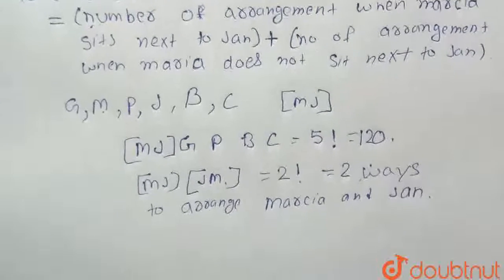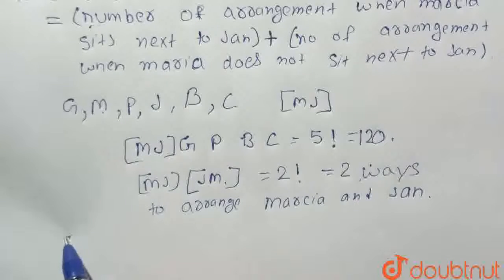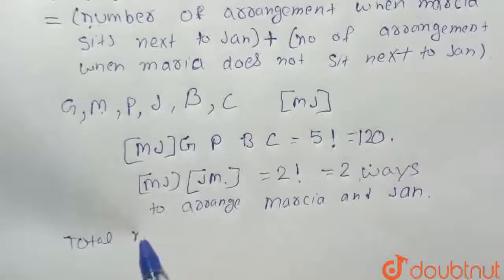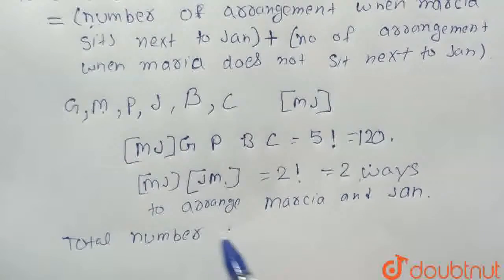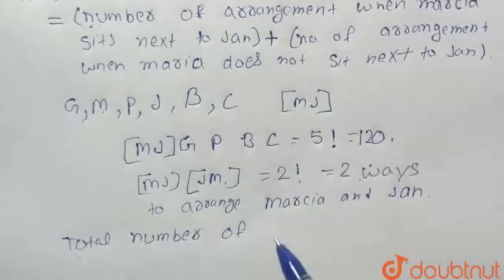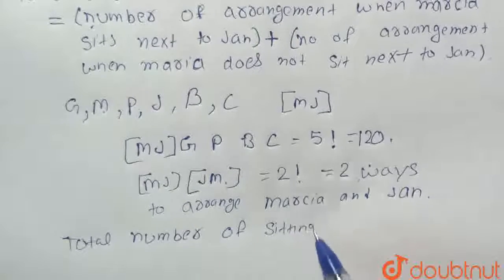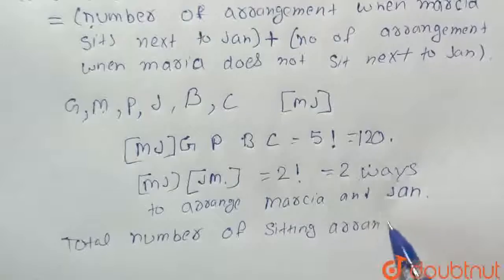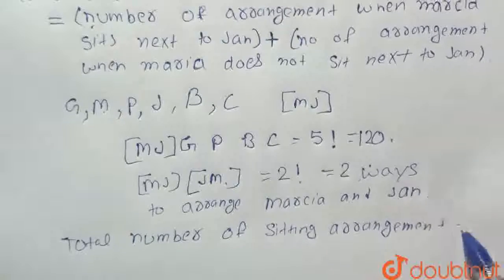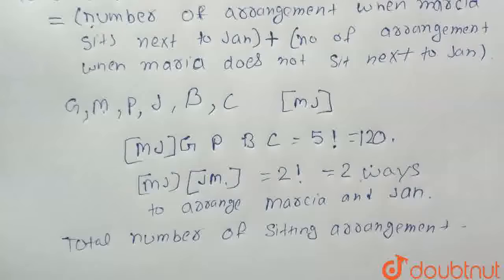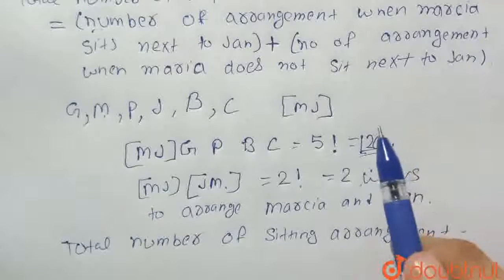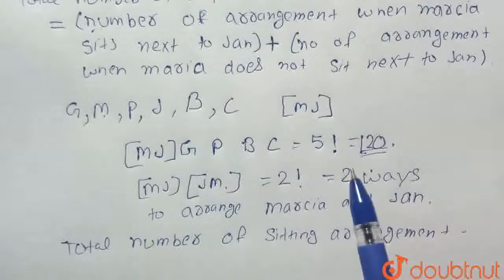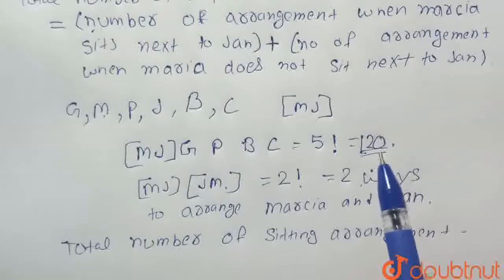We found above that 120 is the total arrangement, so we just multiply by 2.